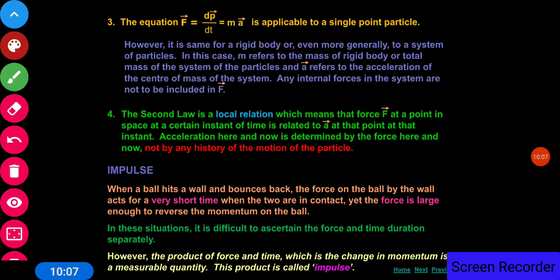We give a name to this measurable quantity: impulse. So impulse is equal to force into time duration, and this is equal to change in momentum. Impulse is represented by the letter J, so J is equal to F into t.